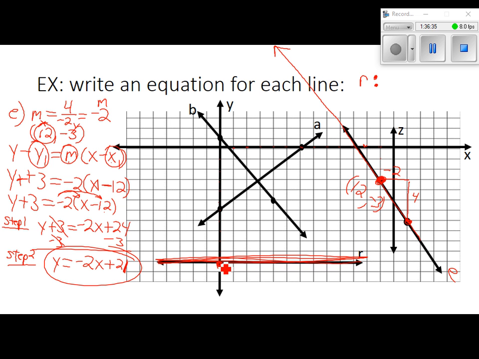So it goes down 11. Since it's a horizontal line, the equation is always going to be y equals some number. So that number is just going to be what you just counted there. So y equals -11 is the equation. Notice there's no x's in there. It's just y equals some number for a horizontal line.